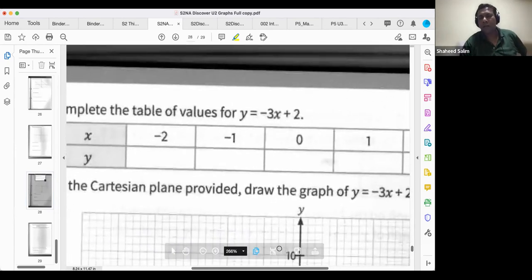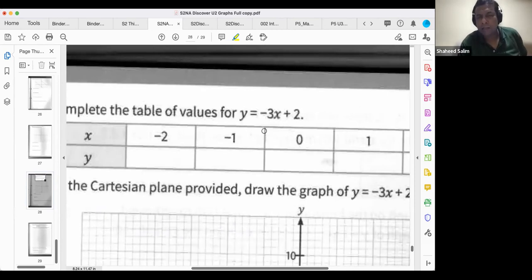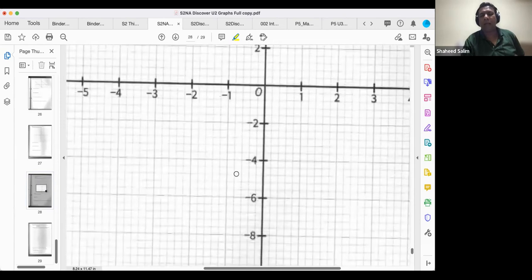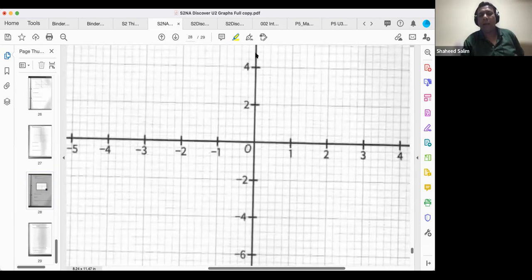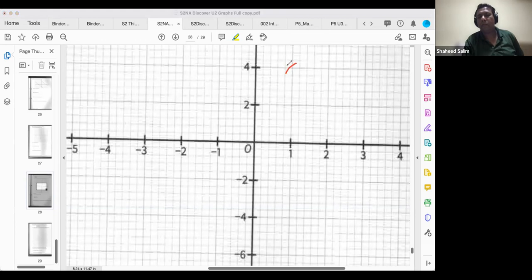Down here now, this is actually an equation. This equation is actually a graph. So this x and y are the coordinates. So we want to find the coordinates. What are coordinates? Let's say now you tell me x, I just give you an example. X is 1, y is 4. X1, y4. Then this is the point.